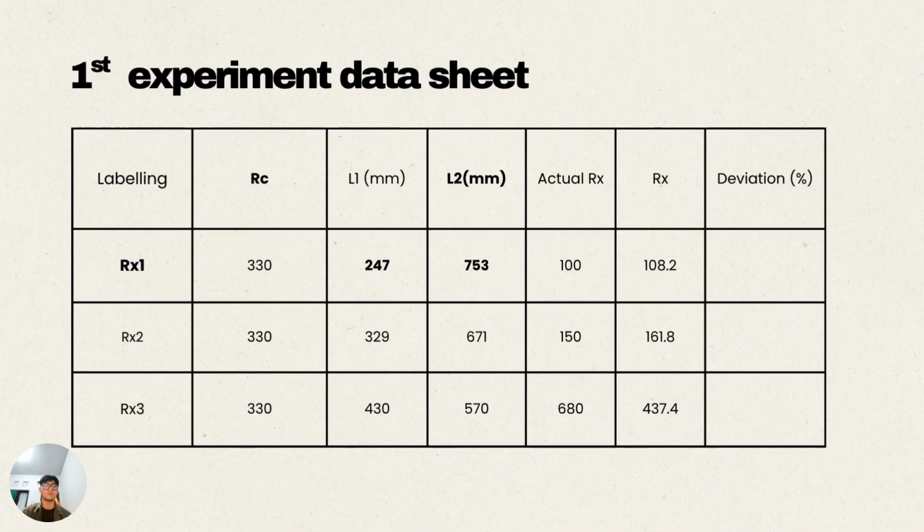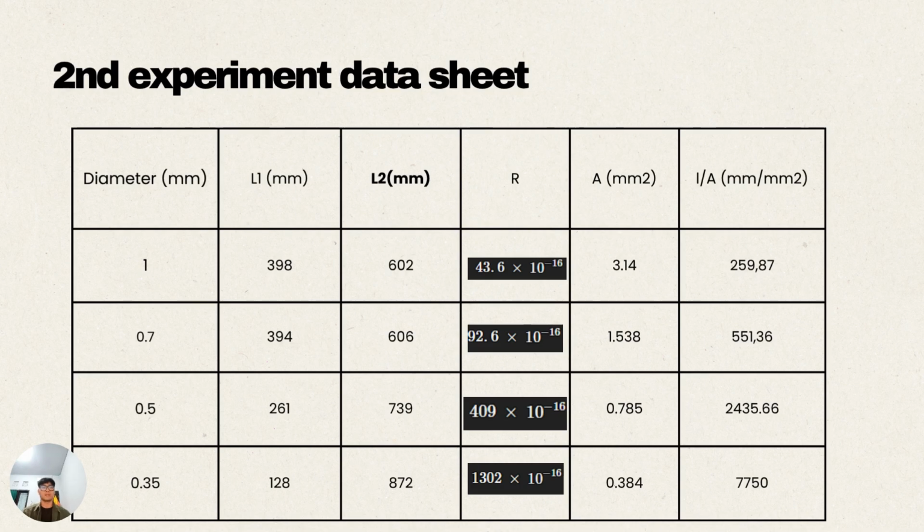Rx2: we use 330, actual Rx is 150, L1 is 329 mm, L2 is 671 mm, and Rx is 161.8. Rx3: L1 is 430 mm, L2 is 570 mm, and actual Rx is 680 ohm. Rx is 437.4.